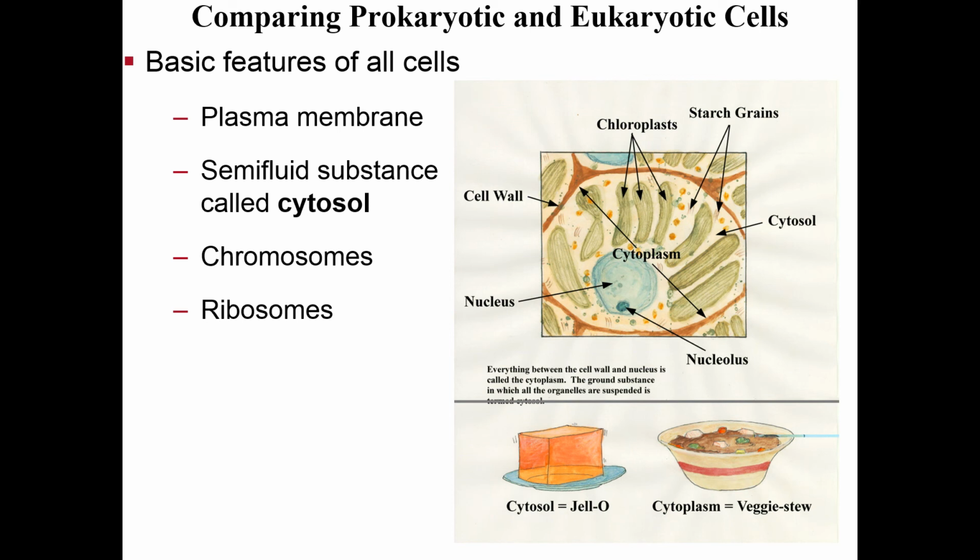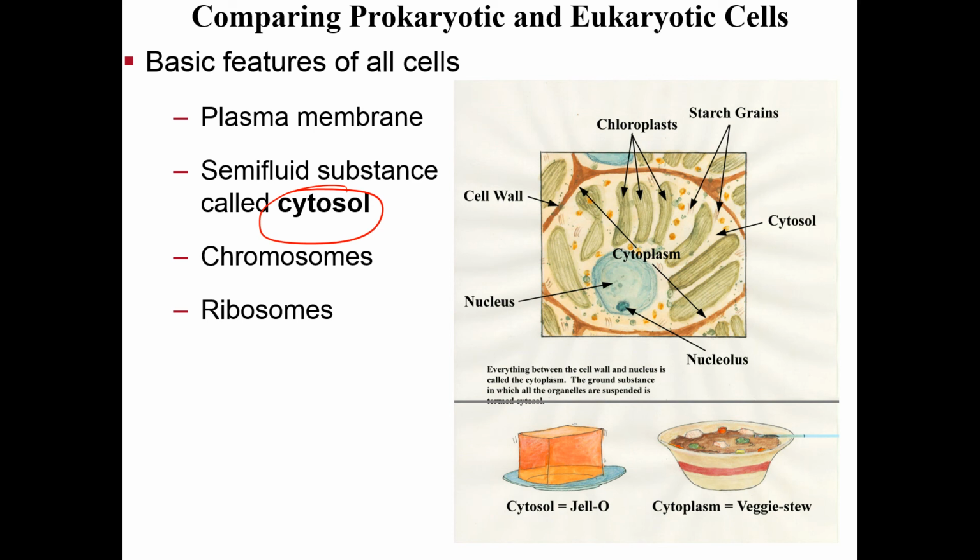This is going to be all of your internal structures plus the semi-fluid-like material we call the cytosol. So cellular components plus the cytosol equals the cytoplasm. The cytosol is very similar to Jell-O. The cytoplasm is like a soup.